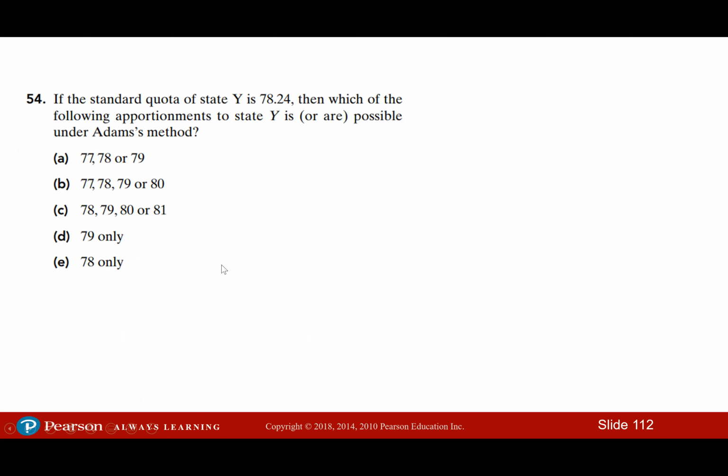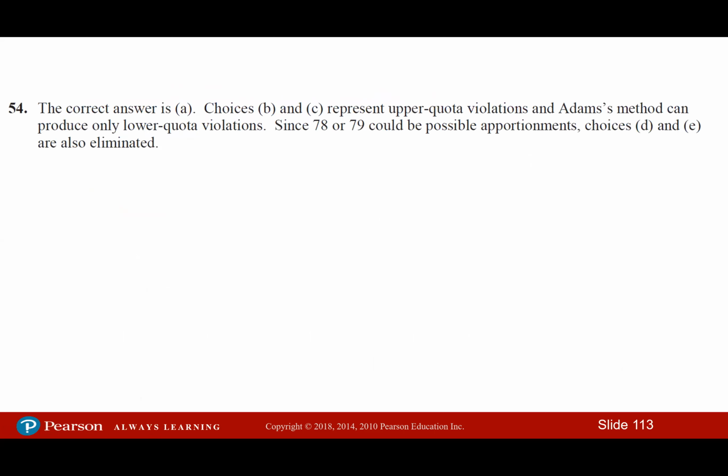So the correct answer is A. Choices B and C represent upper quota violations. Adams' method can produce only lower quota violations. And since 78 or 79 could be possible apportionments, choices D and E are also eliminated. So again, it's about working backwards from the correct choice.